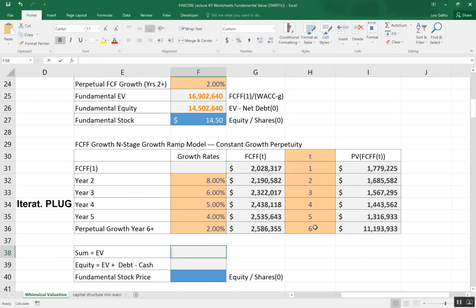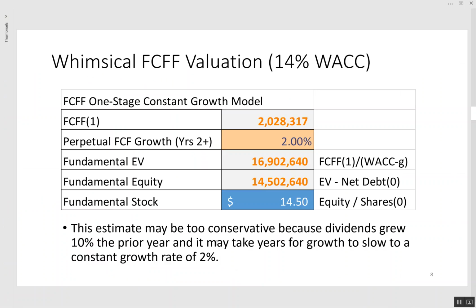If I now sum all that up, that's the present value of all future cash flows. I get $18,986,000.